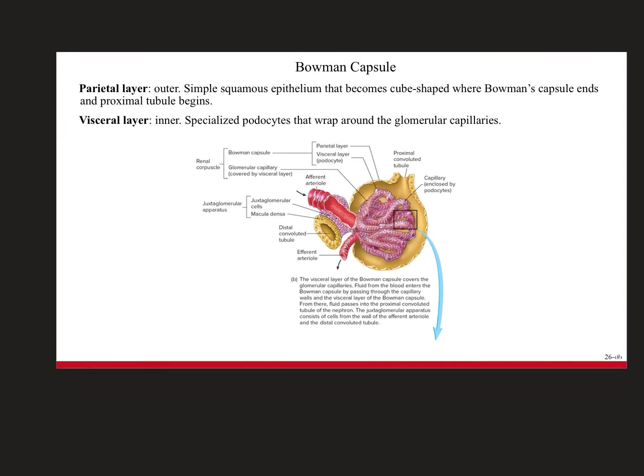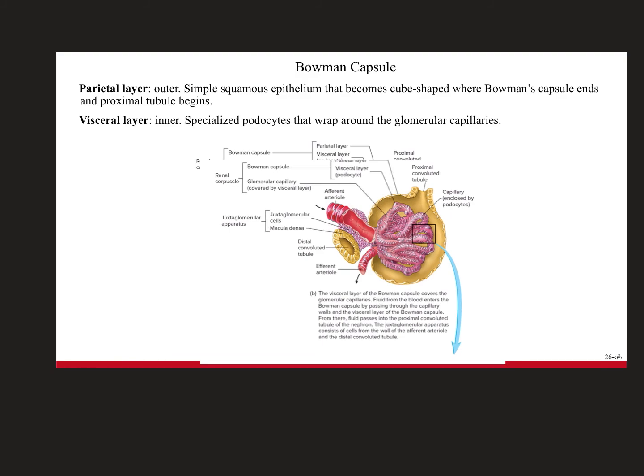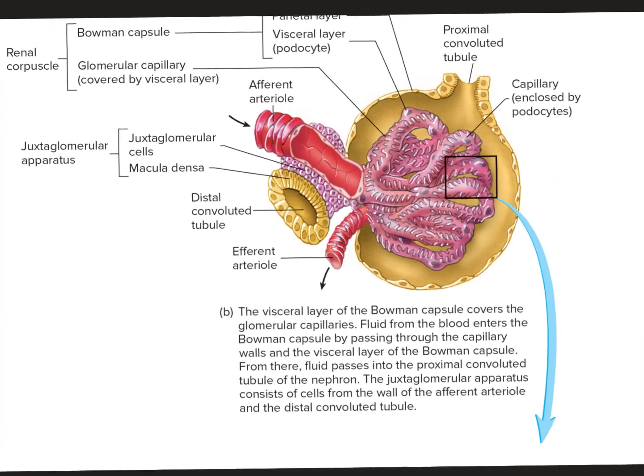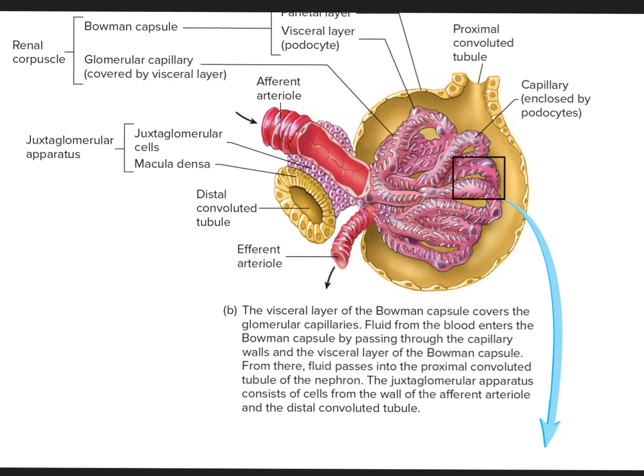When we talk about the Bowman's capsule, there are a bunch of different cells and structures. There it is, the juxtaglomerular apparatus. That's the word I couldn't remember. My brain. Let's zoom in on this. So this is a closer up view of what we just looked at, right?